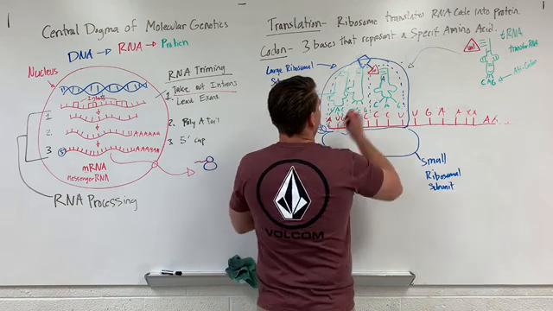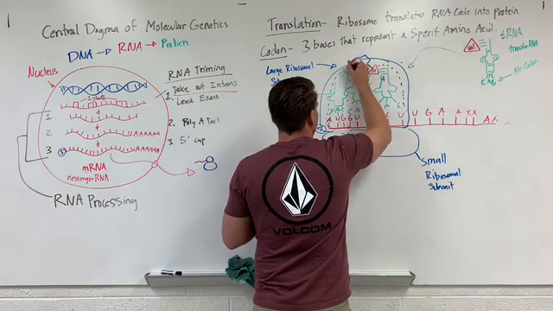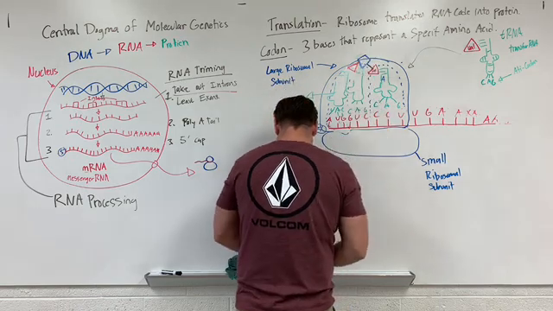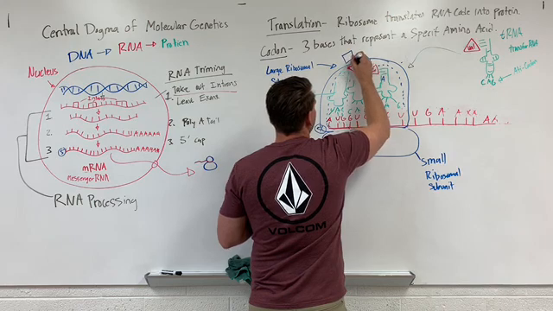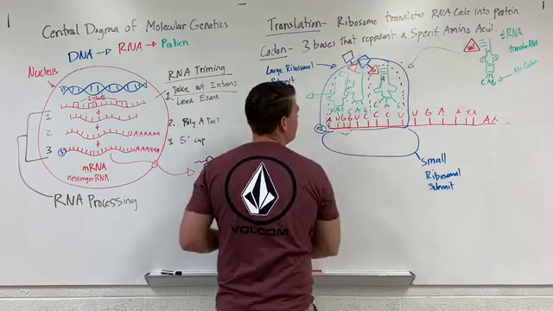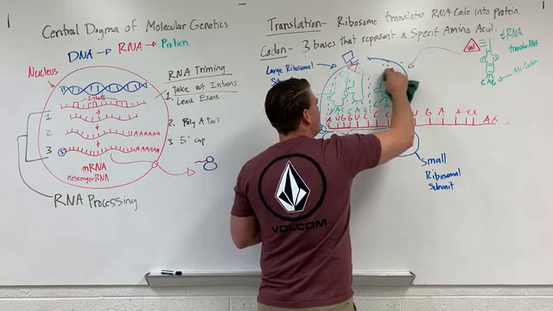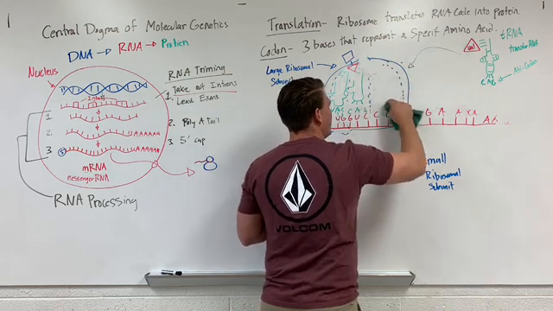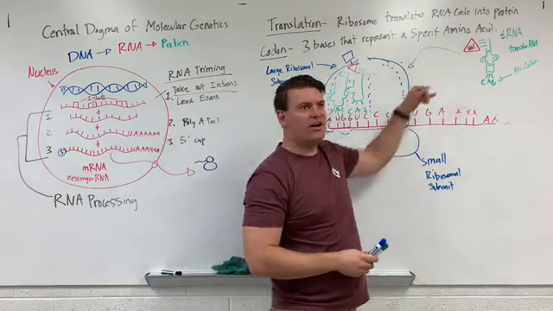It has our 2 amino acids making our small protein. And that will then leave this site empty for our third tRNA to come in.